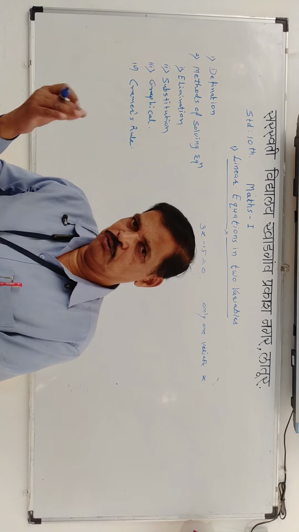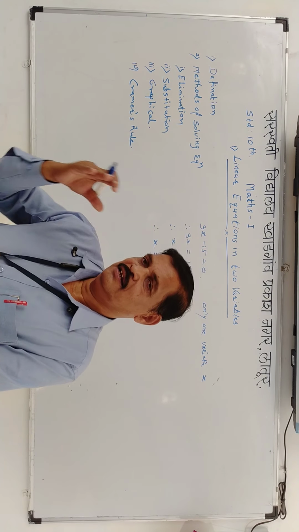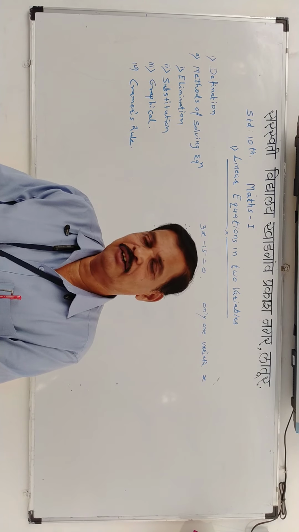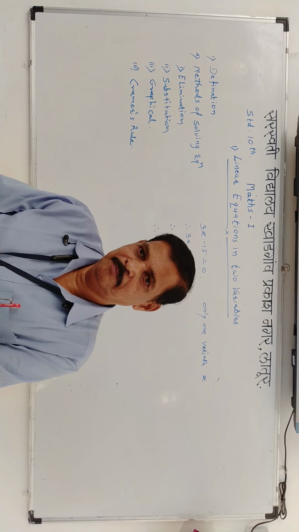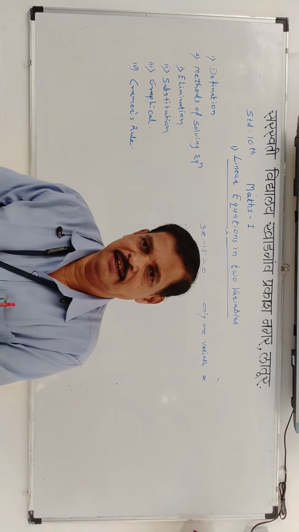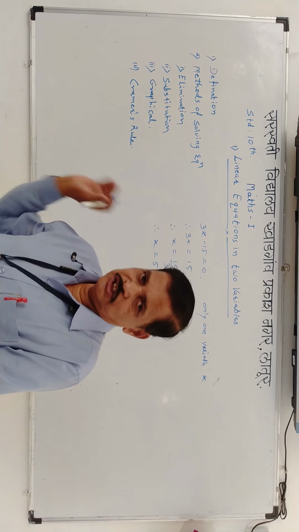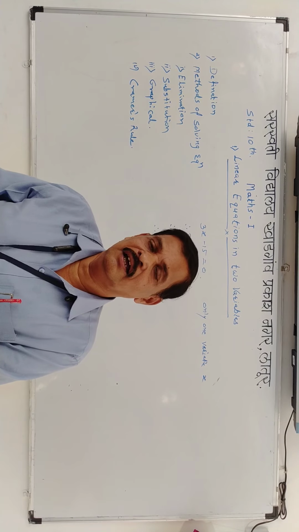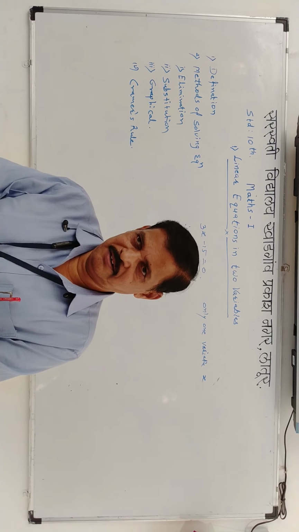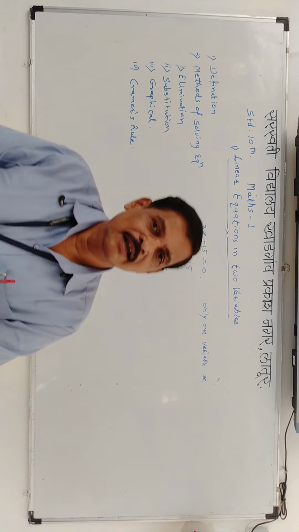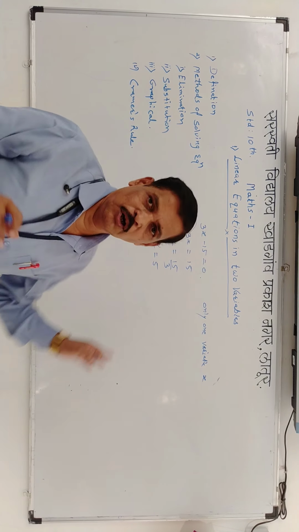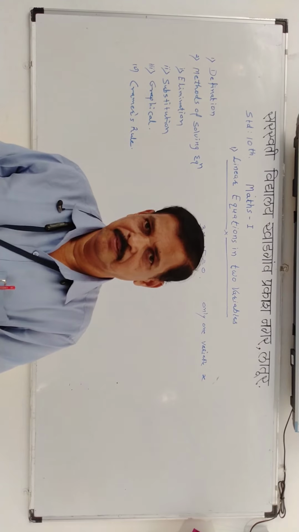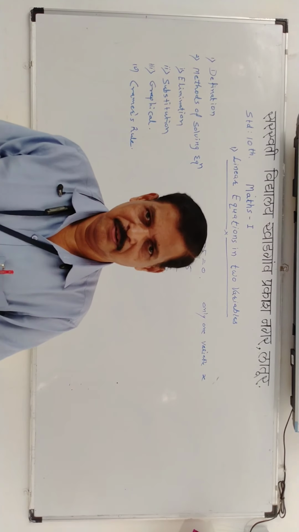Here a means the line intercepts the x-axis, and that x coordinate is called a. Here x is equal to 5, so 5 is the x intercept of the line, and this x is equal to 5 is also a line when we draw the graph.